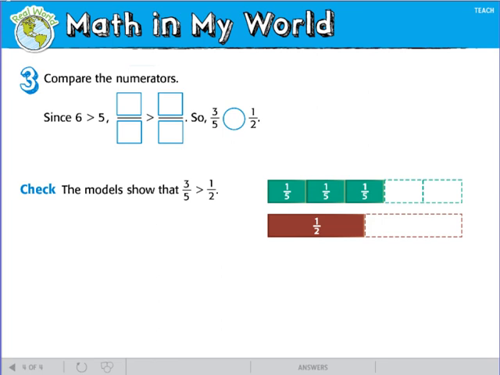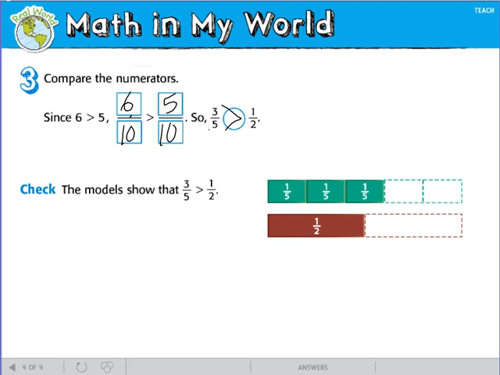Now, 6 is greater than 5. So 6/10 is greater than 5/10. That's the way it is. Okay? So that means that 3/5, which 6/10 represented, is greater than 1/2.